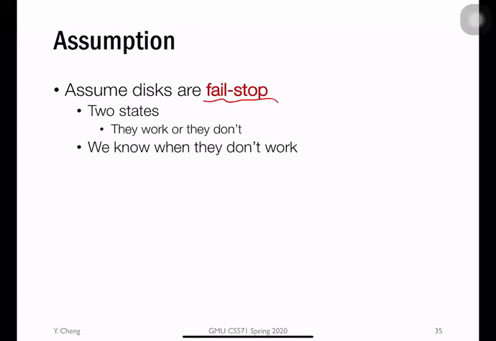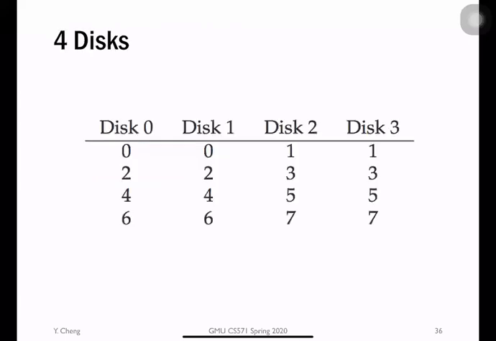And another sub-assumption is that we know exactly when they don't work. This is the failure assumption. Keep that in mind. So let's see how RAID 1 mirroring works.